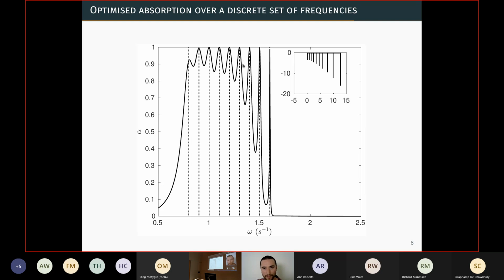So what you can do at this point, and this has also been looked at in the acoustics case, but not in the water waves case, is changing the objective function so it's now an integral over this interval here. And that should penalize values like this, where the absorption is quite low.